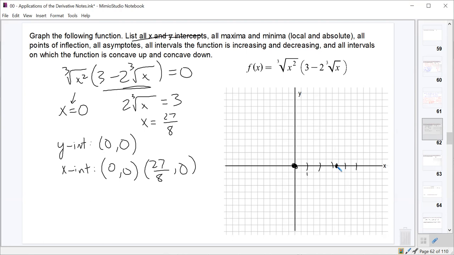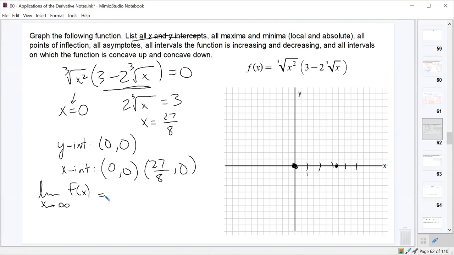We probably don't just know right away from looking at it, but we could look for a limit as x approaches infinity of f of x. And as x goes to infinity, we end up here in the cube root of x squared, that's infinite. And the cube root of x is infinite.